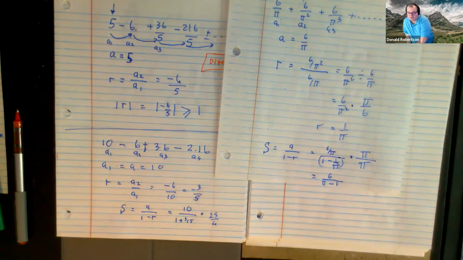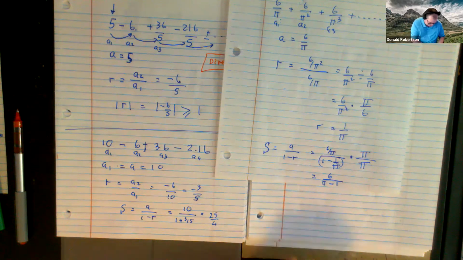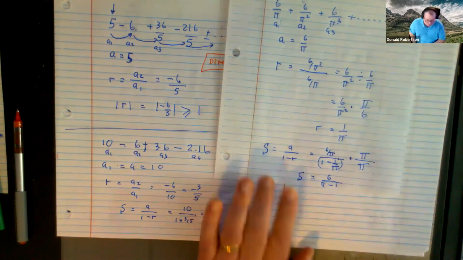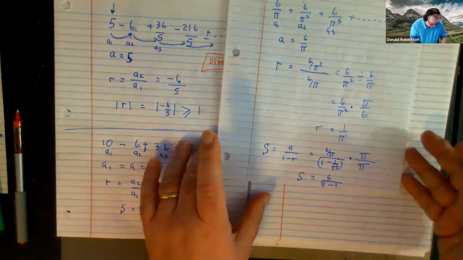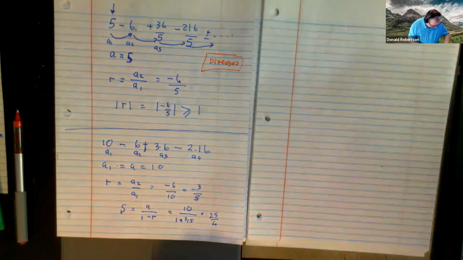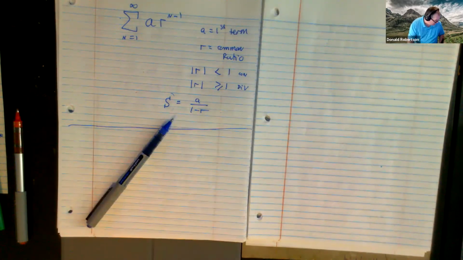Do you see that's a much prettier answer than it was a moment ago? And that would be the one that I'd expect you to do. Are we cool on that? Right. So we are on geometric series, but we are in less obvious places.